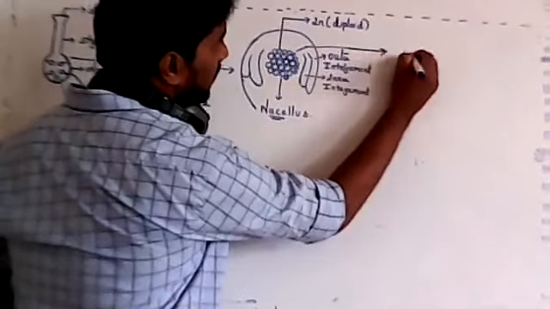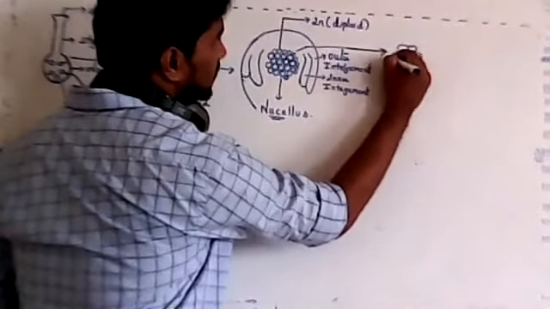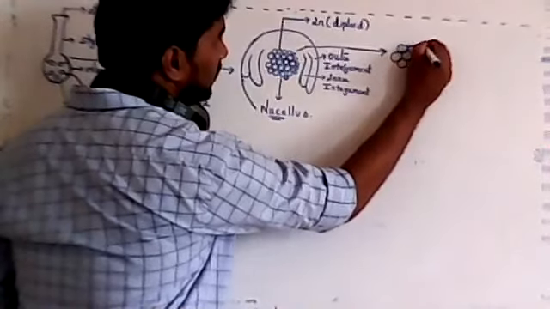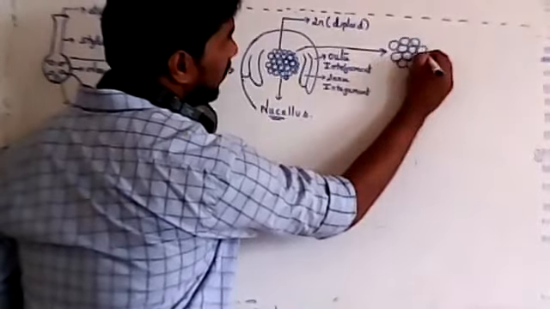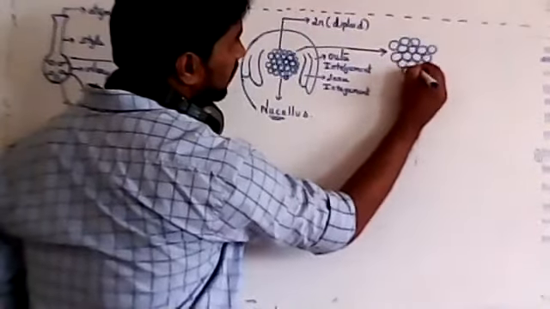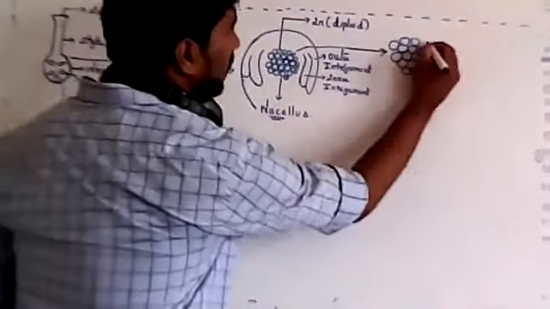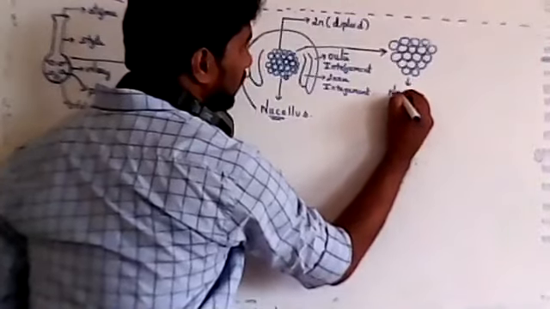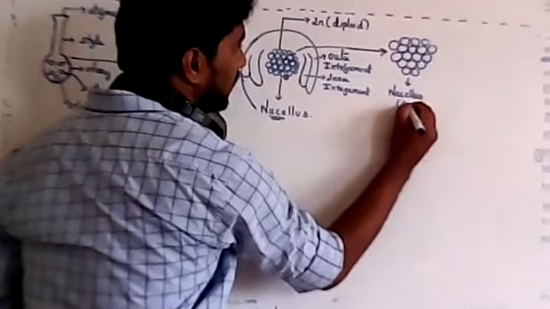This group or cluster of cells is called the nucellus, and it is diploid in nature. All the cells which are present are diploid.